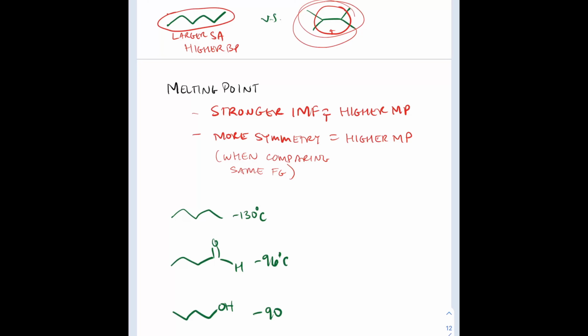So think about this one. When we're talking about stronger intermolecular forces, which of these has a stronger intermolecular force? Well, obviously the OH, because it can hydrogen bond, and then this one because it has a dipole, and then this one is the last because all it has is London dispersion forces. And so that's why it has the lowest melting point, right?